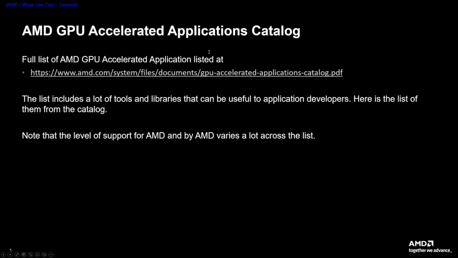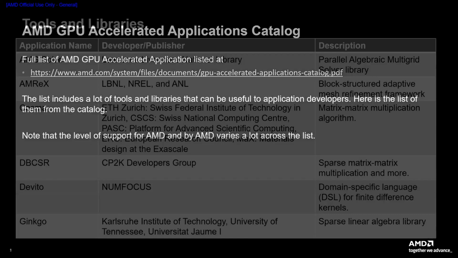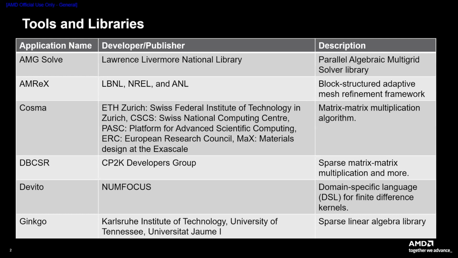So Alessandro mentioned this application catalog at the beginning of his talk, and it lists a lot of different tools and libraries. And I do want to note that many of these things have different levels of support. There is a machine learning page that lists some of the ones that Alessandro talked about, but some of these others may be interesting to you if you're developing some sort of application.